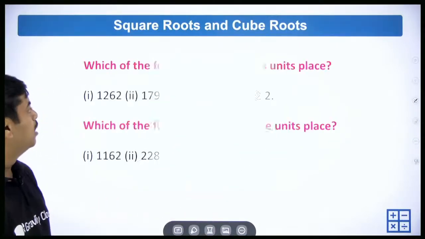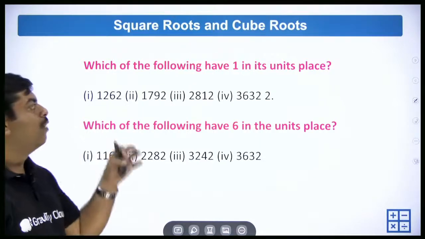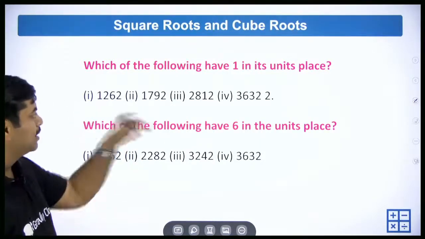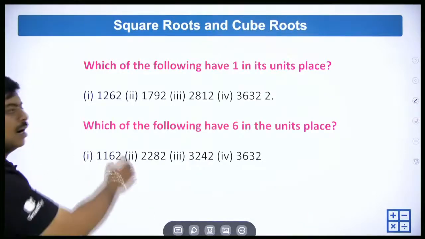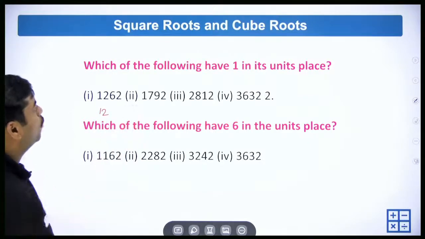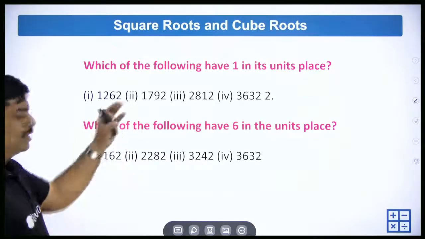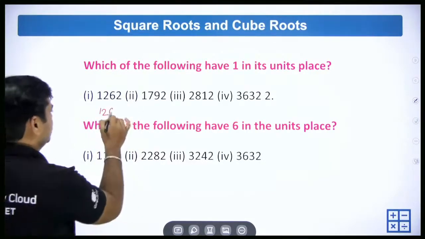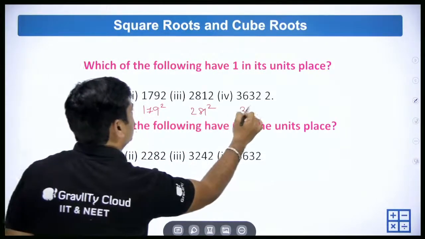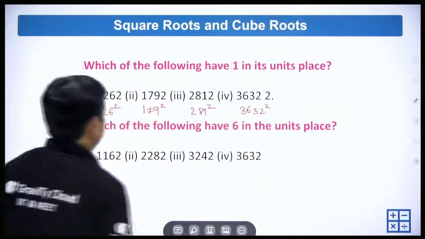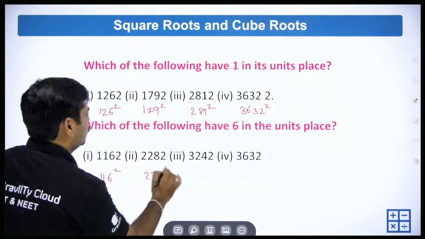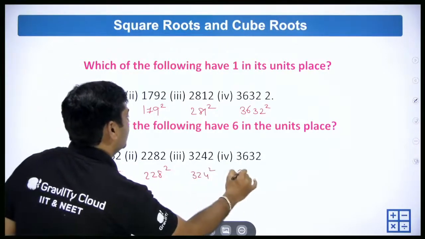Let's go for one more. Which of the following has 1 in its units place? So there is some printing mistake. It's not exactly 1. It should be square. Maybe 126 square, 179 square, 281 square, and 363 square.